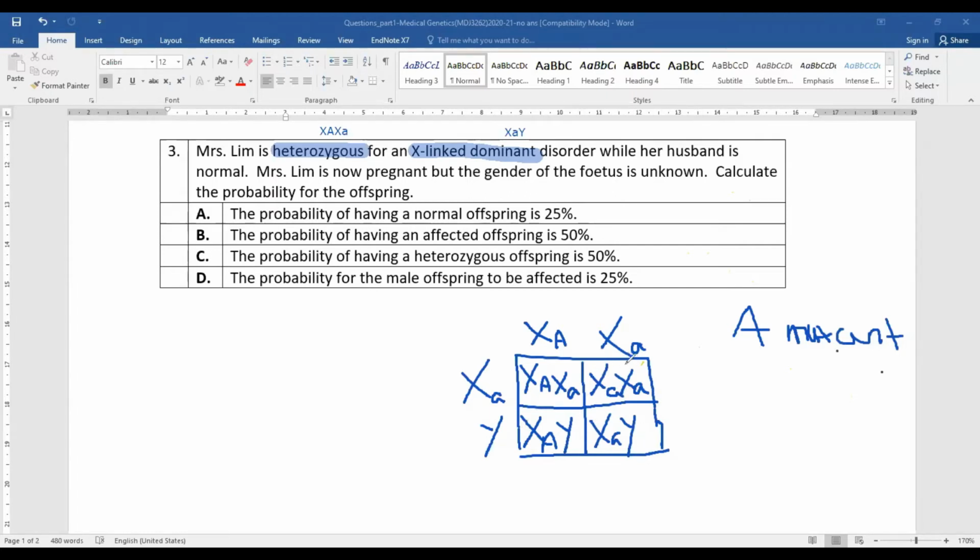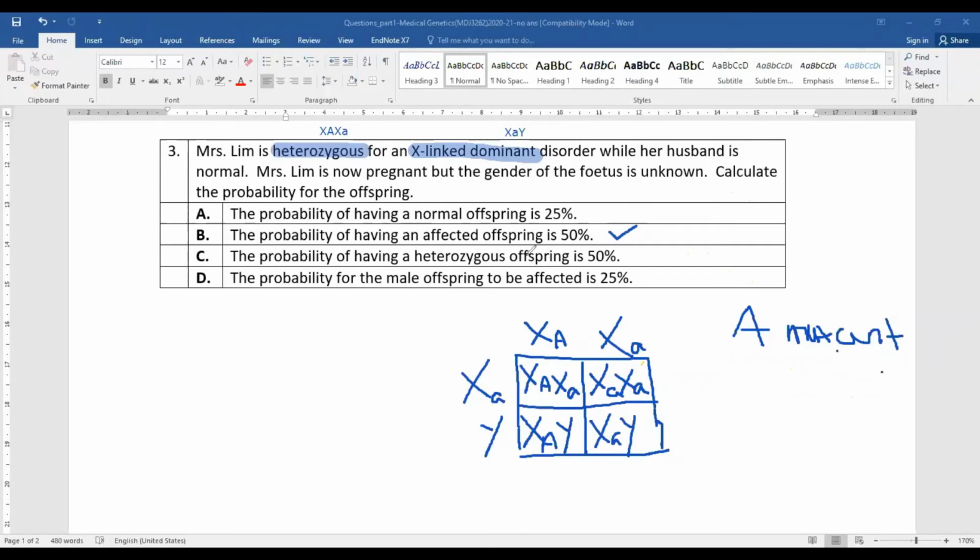So the offspring, actually the chance to be normal is 50%. It's not 25%. B, the probability of having an affected offspring is 50%. Right? Again, it doesn't say male or female. So you see, this is female affected, male affected, and if you look at the whole thing, it's actually 2 out of 4, so it's 50%. Most likely this is true.